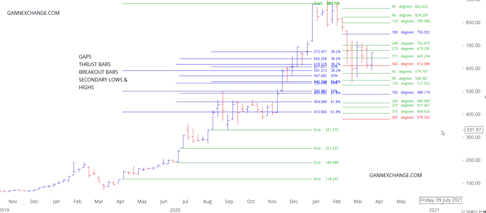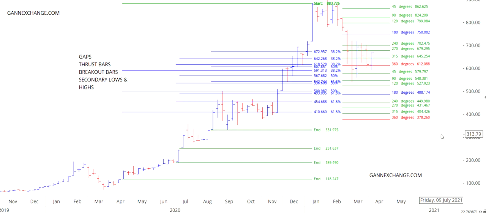So when you have confluence between two different techniques, the probability of that support holding is very high. So in this way we can determine the best points to expect a bounce.